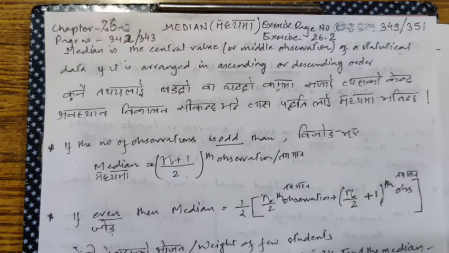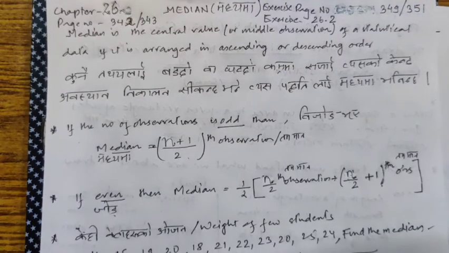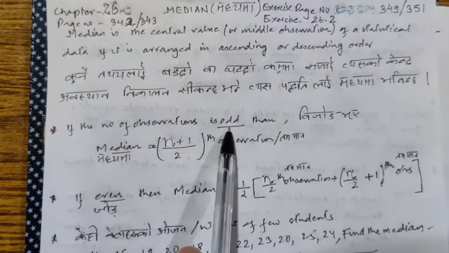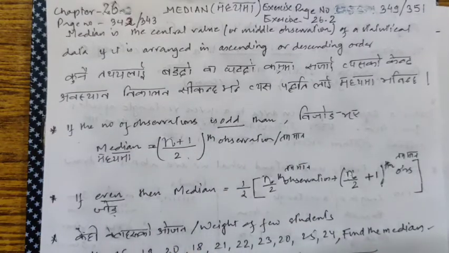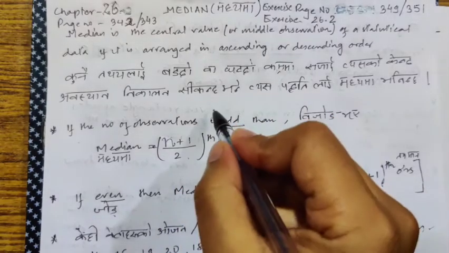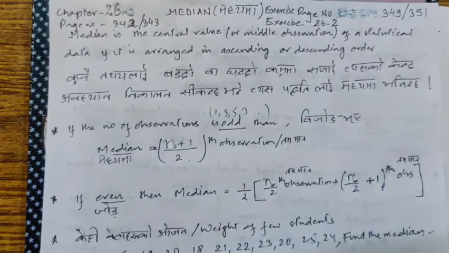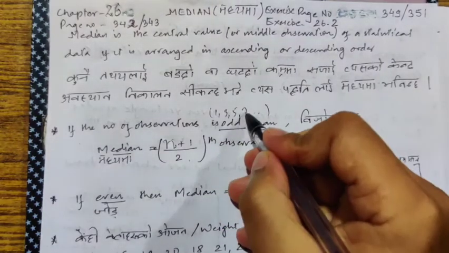So there are two formulas that we all need to remember. The first one is this: if the number of observations is odd, bijod we say in Nepali. What is an odd number? Odd numbers are numbers which are not divisible by 2. So examples of odd numbers are 1, 3, 5, 7, 9, and so on.